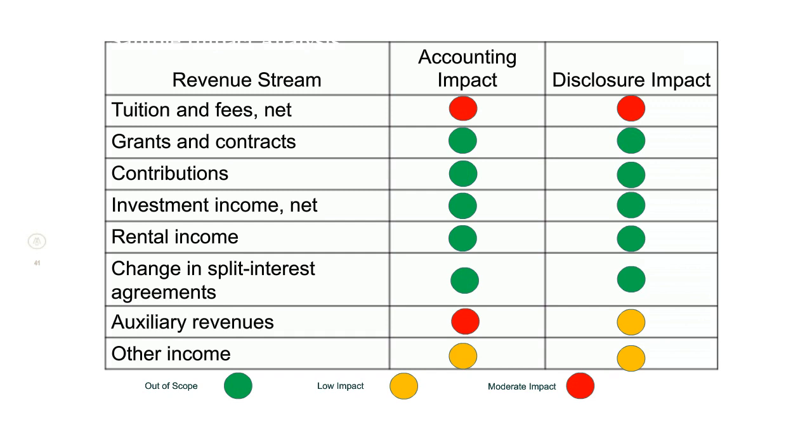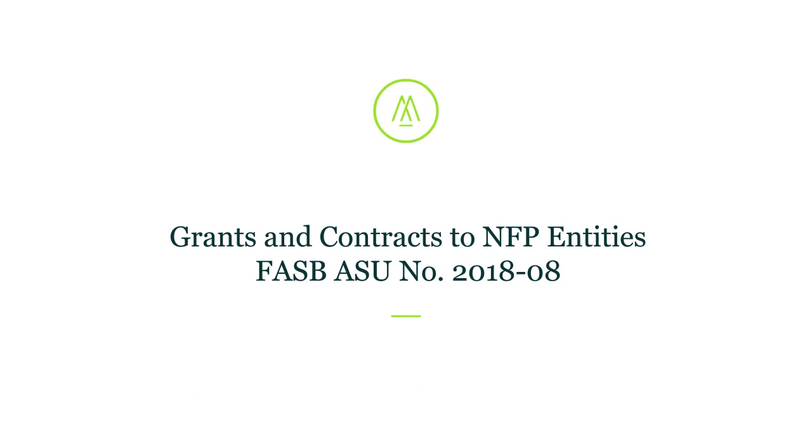Because of this standard, there were a lot of questions related to grants and contracts and how those apply to this new revenue recognition. And so FASB ended up coming out with a new standard, this ASU 2018-08, which is grants and contracts to not-for-profit organizations.